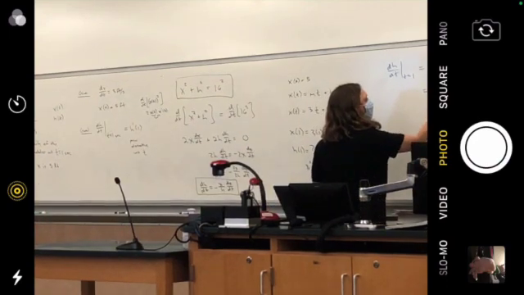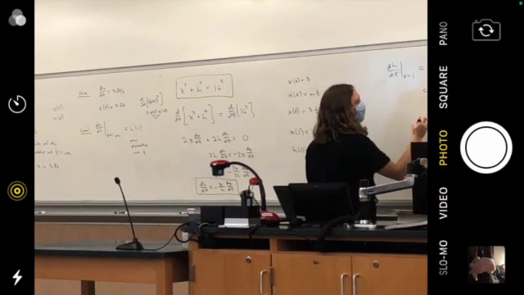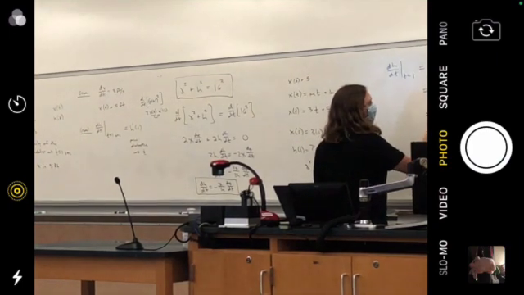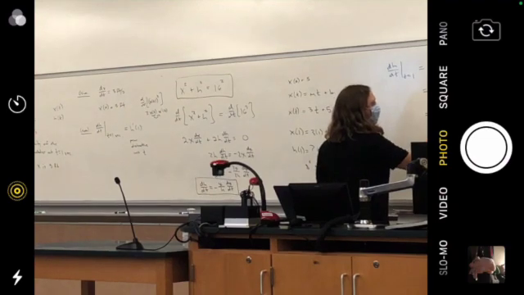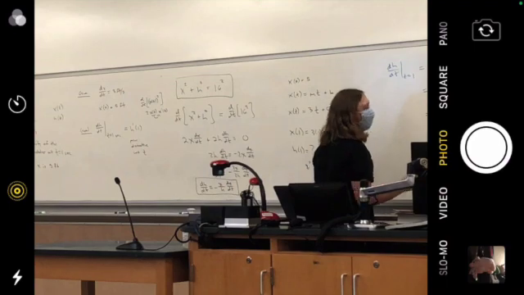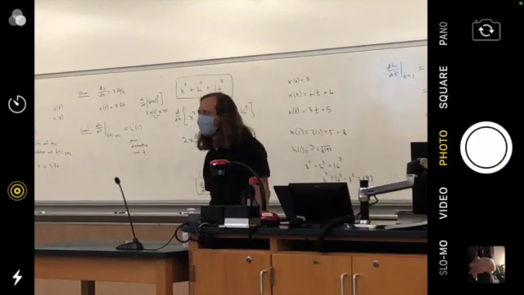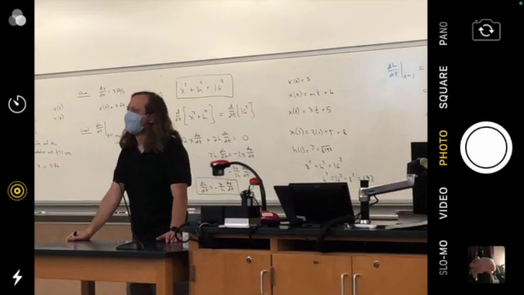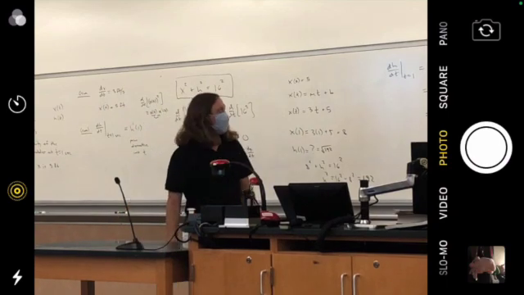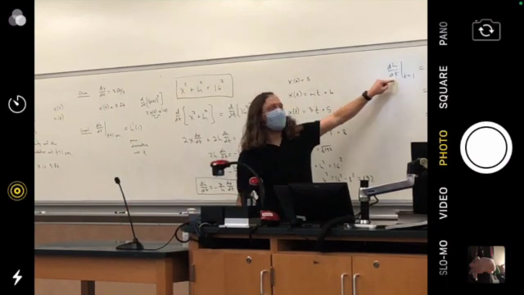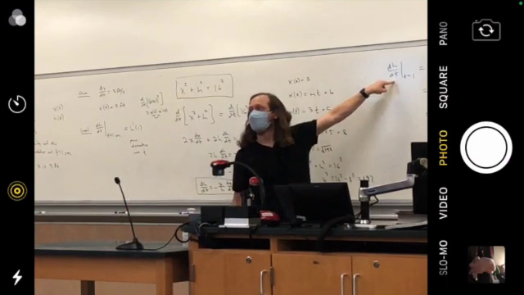Negative 8 divided by the square root of 192 times 3. So negative 24 over root 192. What would be the units? Feet per second. H is measured in feet, time is measured in seconds. I'm dividing here, feet per second.